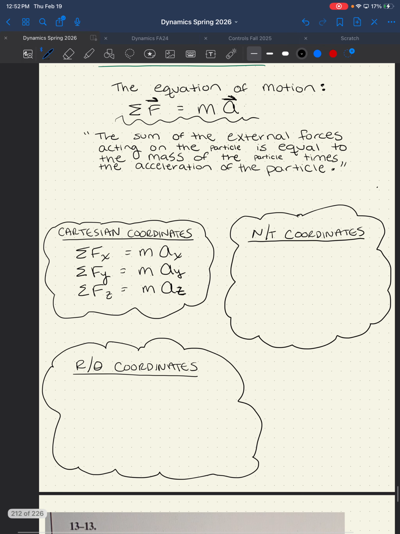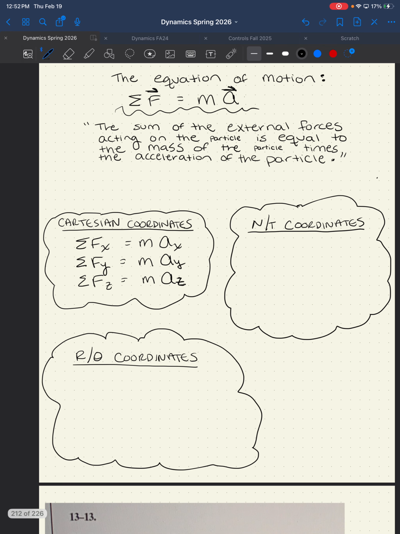Okay, normal tangential coordinates are going to look very similar. The sum of the forces in the tangential direction equals mass times, what do you think? Acceleration in the tangential direction, a sub t. The sum of forces in the normal direction equals what?